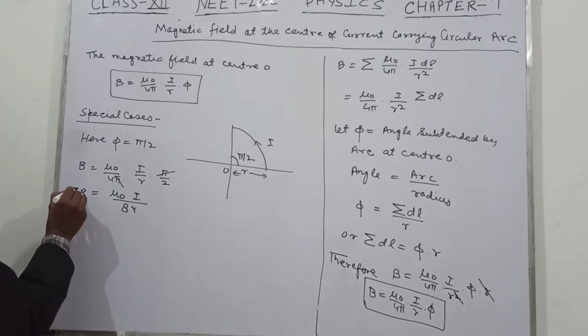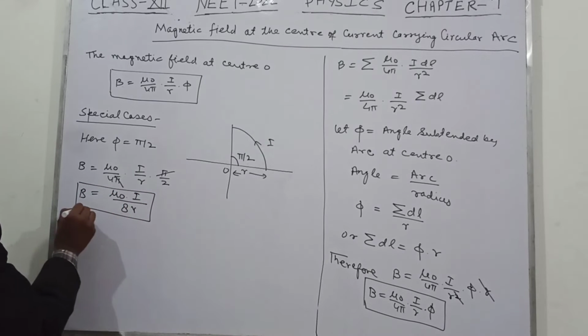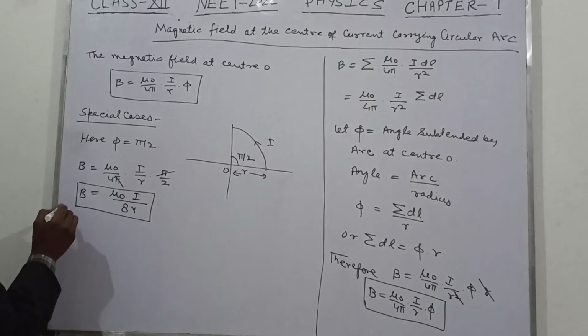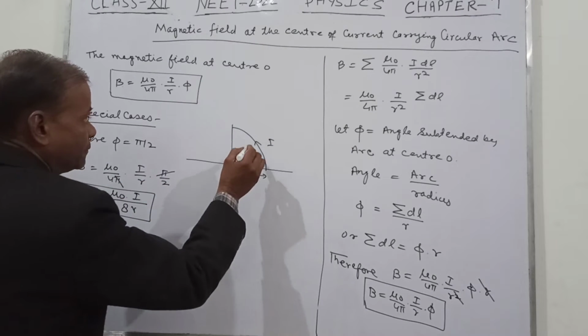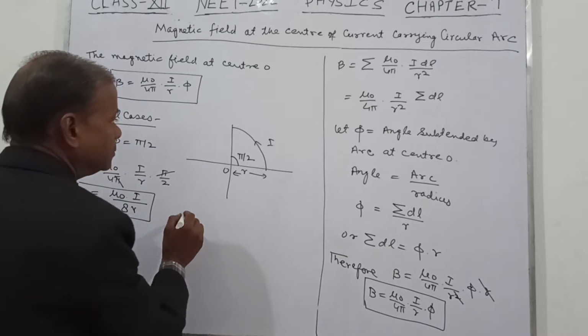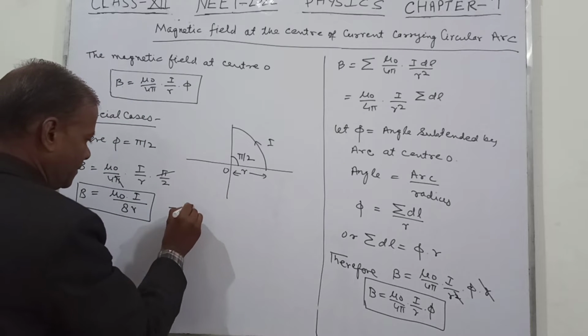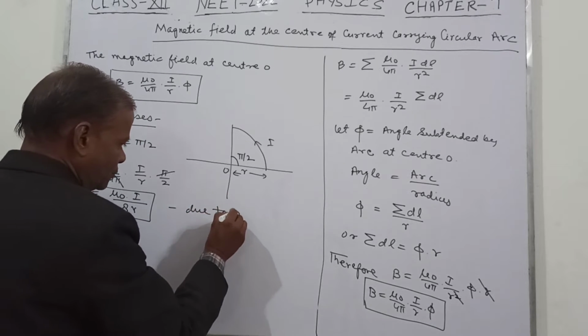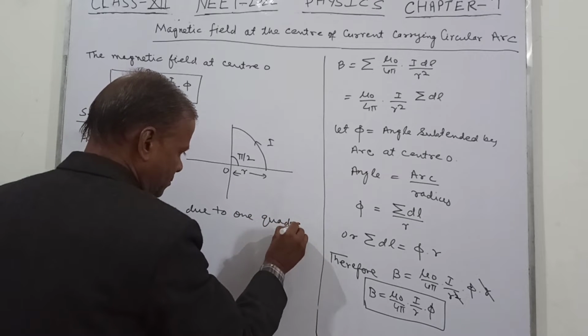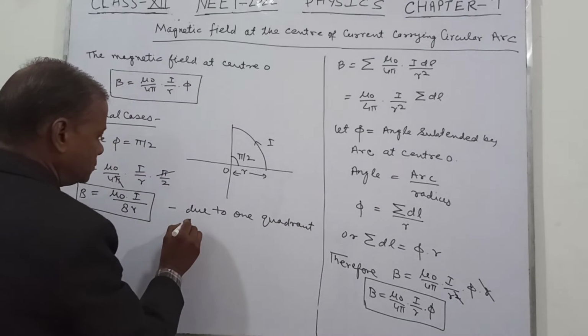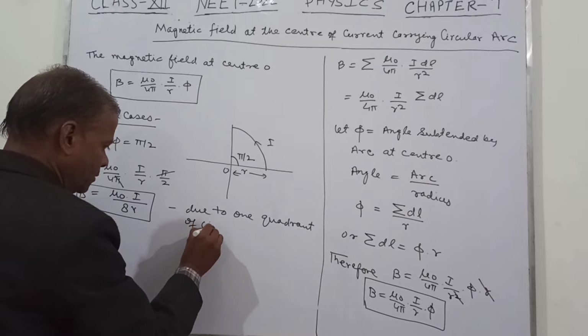This is the magnetic field due to one quadrant of a circular coil.